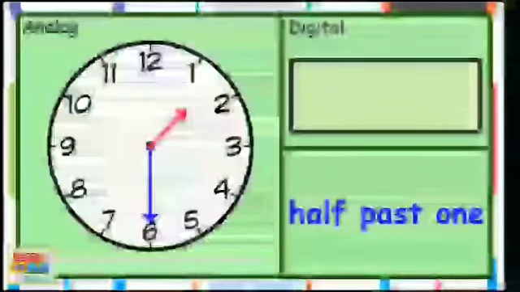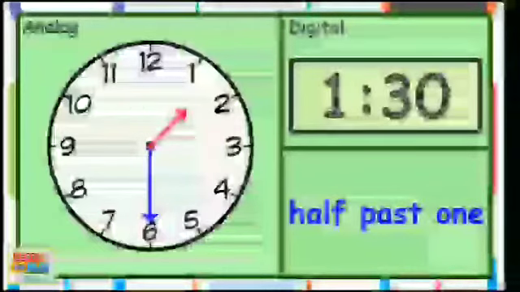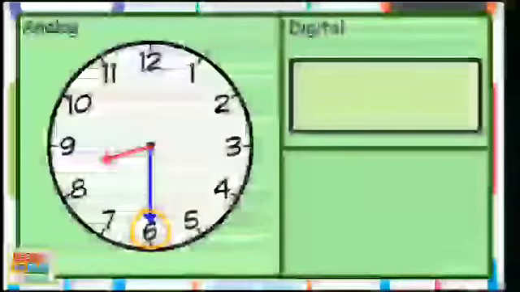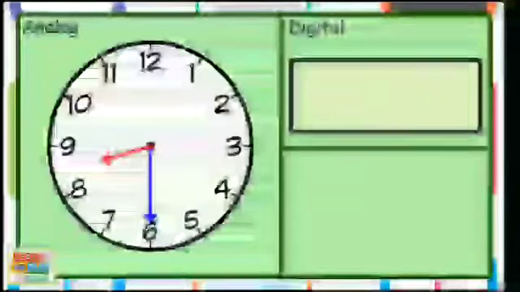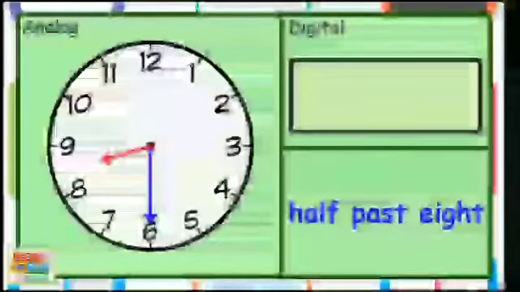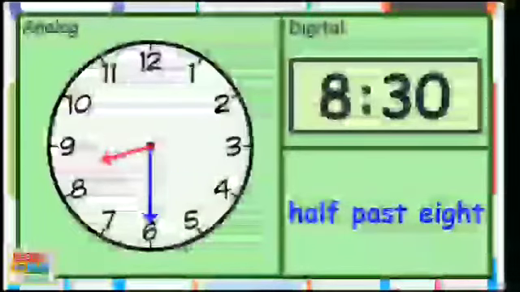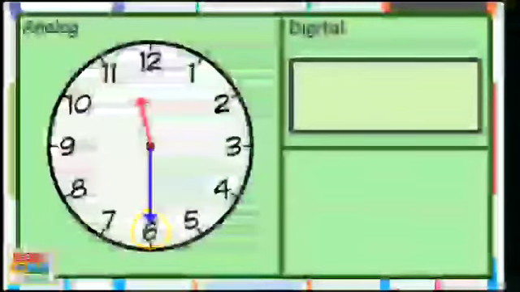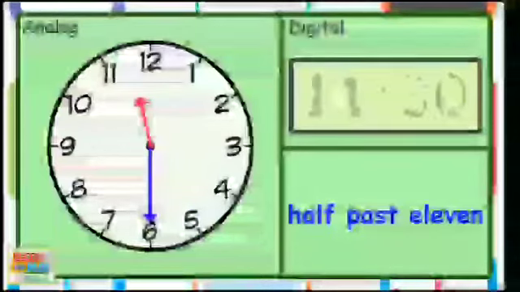Half past 1 or 1:30. Half past 8 or 8:30. Half past 11 or 11:30.